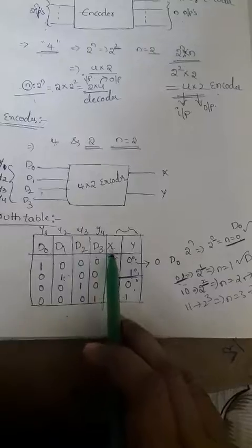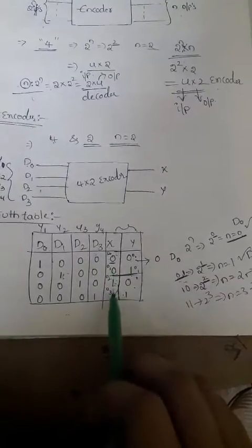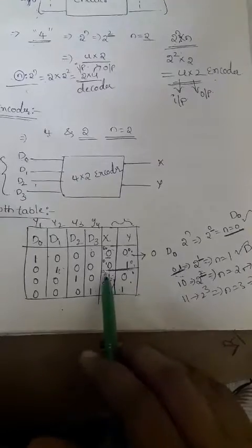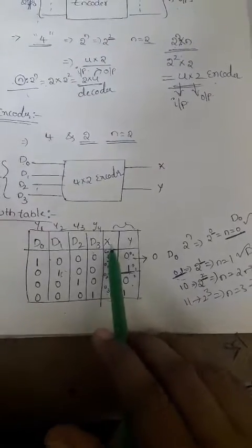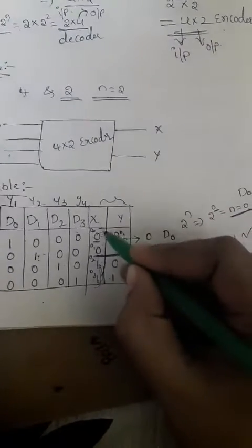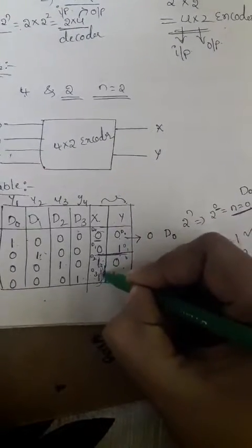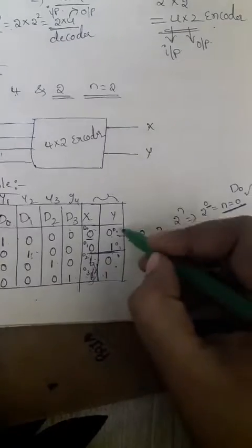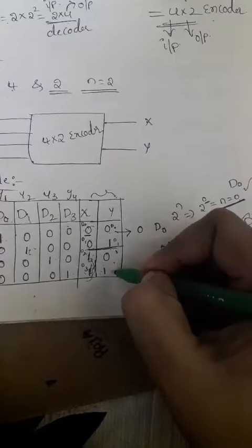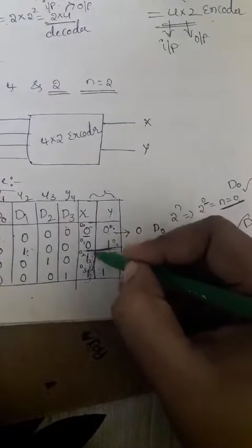Directly you can take how many ones are in that output line for x and y, and add these values. For example, x has 2 ones here, so you can add these two. For y also it has 2 ones, so directly you can add it. If x has 3 ones, you can also add them directly, no problem.